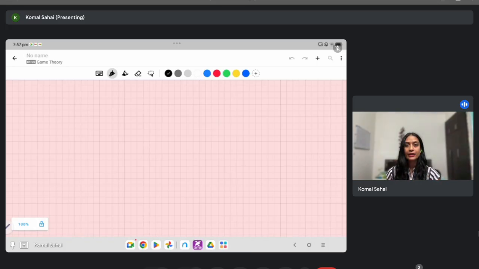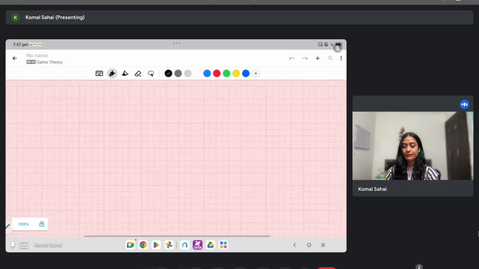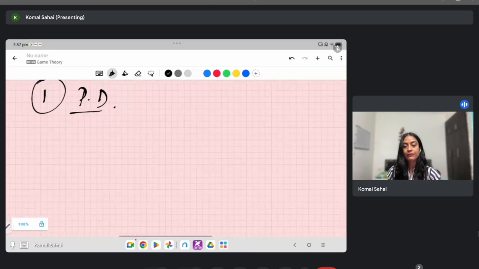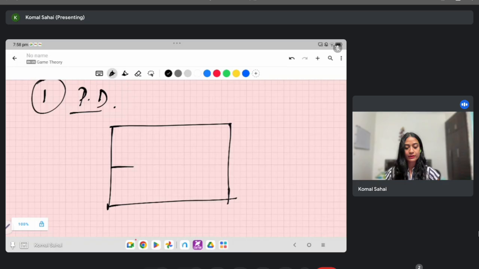So this is the crudest way. Let's start with solving games. The first one that we will do, of course, is the Prisoner's Dilemma, and the way we will do it is that we will look at each action profile, that means each outcome that is possible in this game, and we will see whether in this outcome any player can benefit by deviating unilaterally.